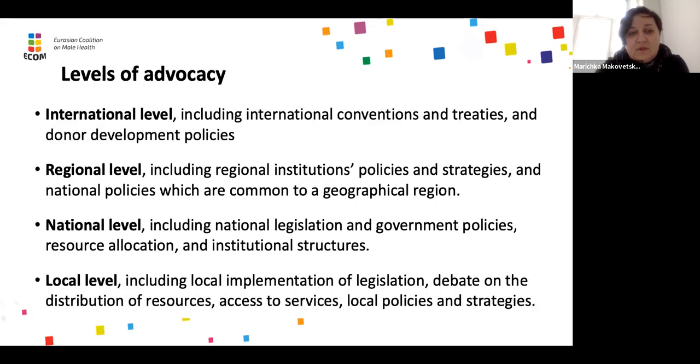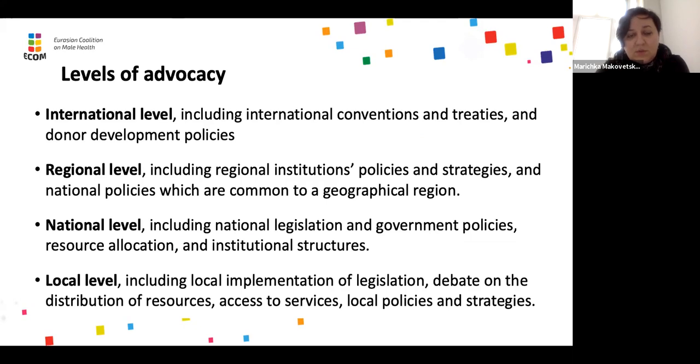If we talk about levels of advocacy, we have four levels. The first is the international level. Then the regional level, including regional institutions, policies, and strategies. For example, ECOM is working at the regional level because it covers several countries.